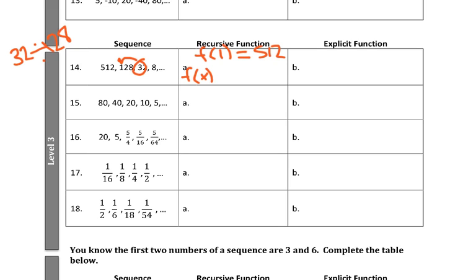To get the new number in the sequence, we want to look at the number before it and multiply it by 1/4. So our explicit function f of x is going to equal blank times blank to the x power. I know that 1/4 is going to go here, and something we talked about in class is how if your constant ratio isn't a whole positive number, you need to use parentheses around it.